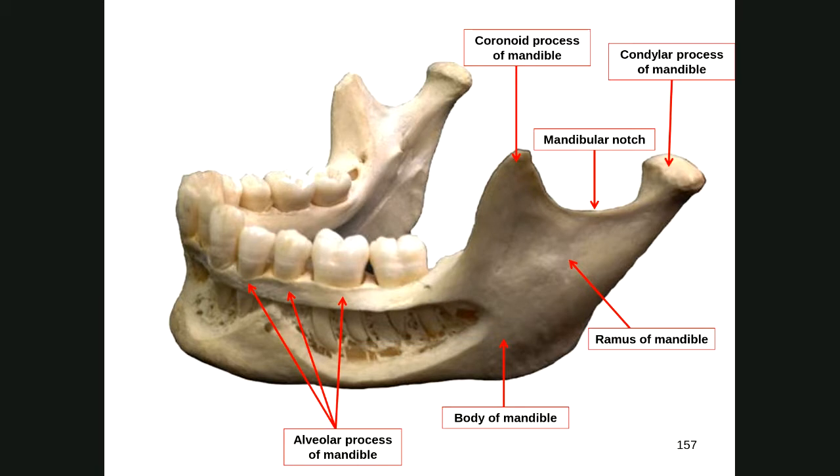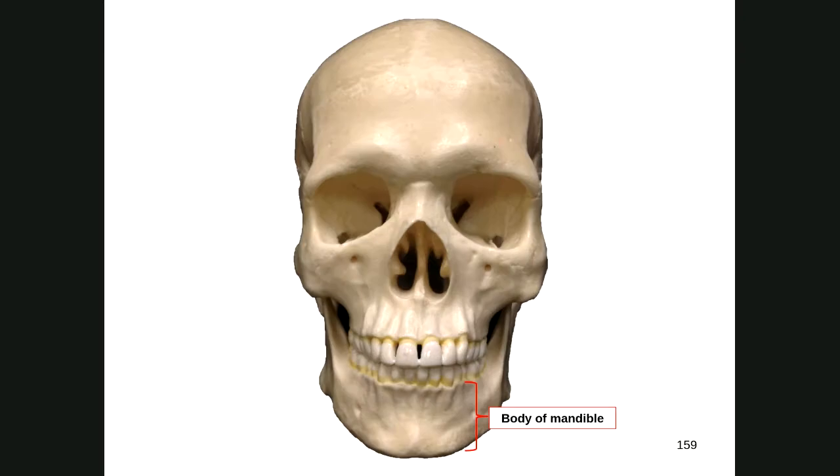Then we have our alveolar processes, but they have to be labeled as the alveolar processes of the mandible. Then we've got our little hole here, that's the mental foramen. And you can see the body of the mandible here on the anterior view.